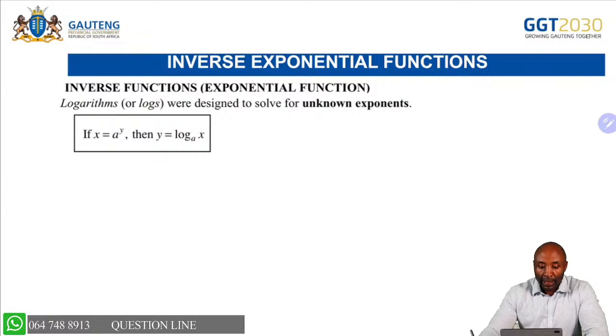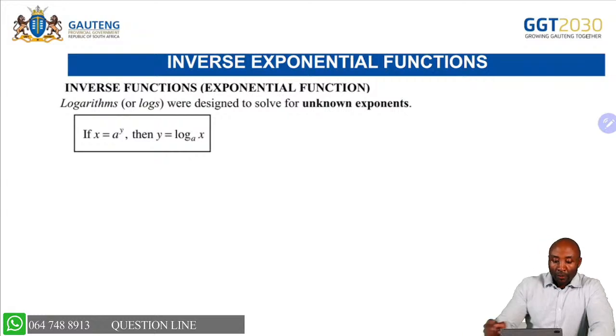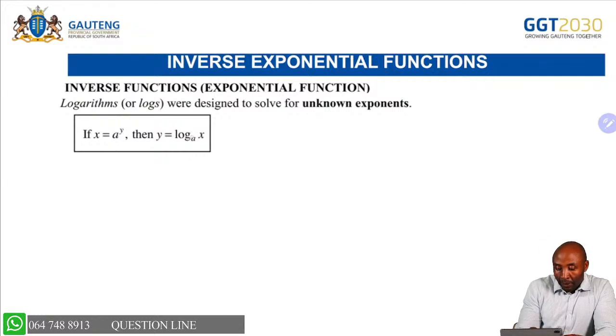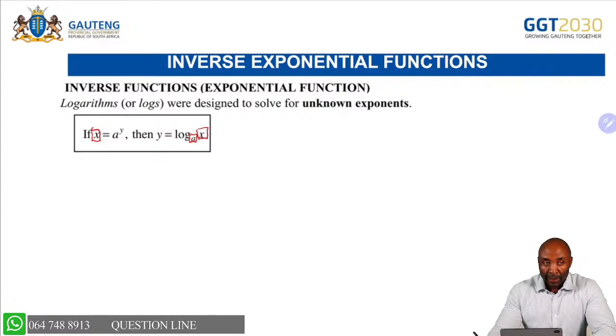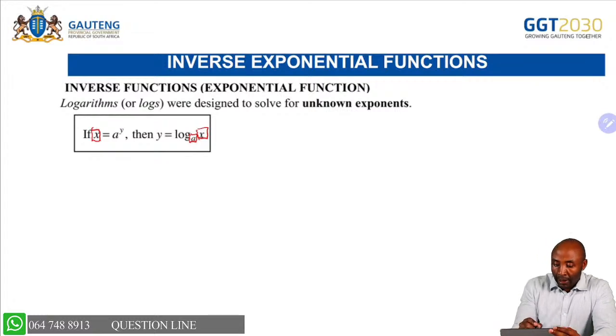So if we are given that x is equal to a to the power y, then when we make y the subject, we introduce the logarithm, where whatever is our base in exponential form remains as a base in the logarithm. And whatever we have as the product, it's what we are going to put under the log. Our calculators have got this pattern, where we have a log button and another point there.